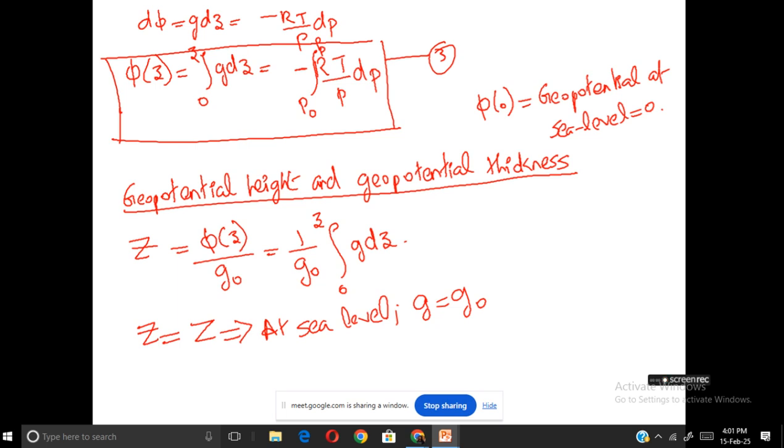So this is not the actual height because here we are considering the change in the acceleration due to gravity with respect to height as well. It is given by 1 by g0 into integral 0 to Z g dz, where g will change with respect to height. g is also a variable. So the geopotential height and the actual height that we generally use become equal at sea level when g and g0 are equal.